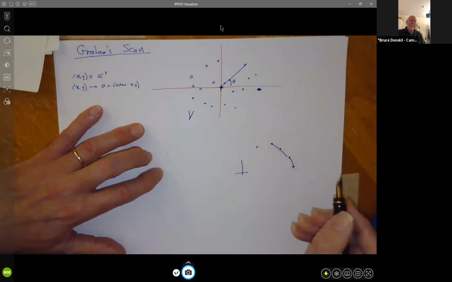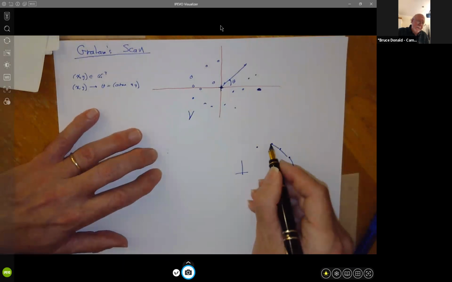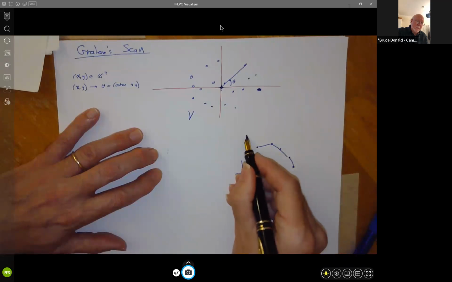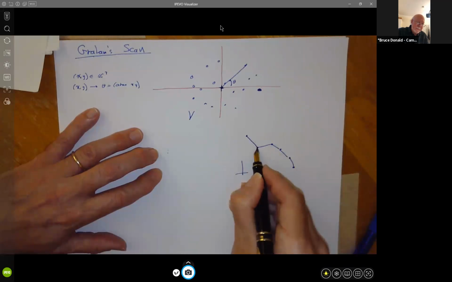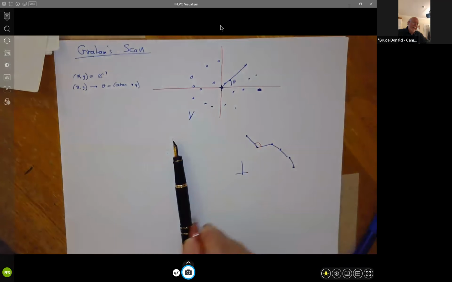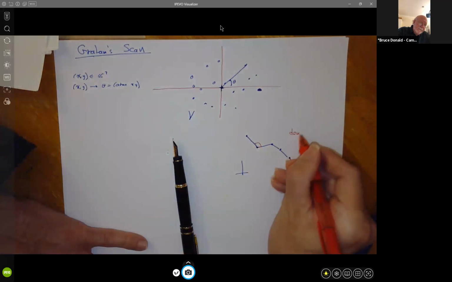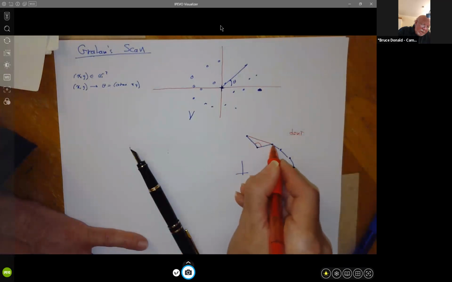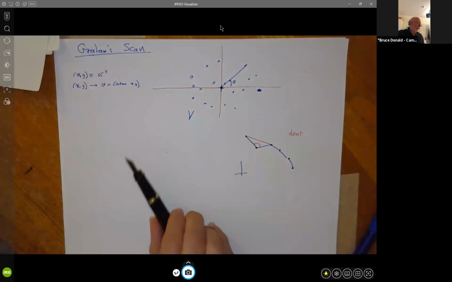No problem yet. But if I now add this point here, I have a problem because this angle is non-convex. We'll call that a dent. And when I see a dent, I have to backtrack, remove it, and repair the hull to look like this, and then I continue.